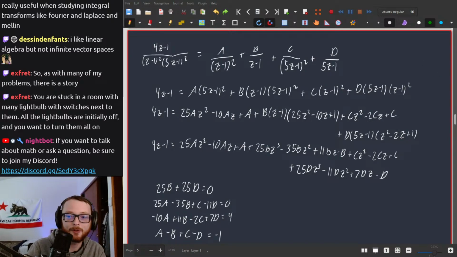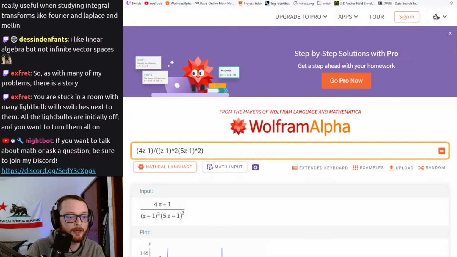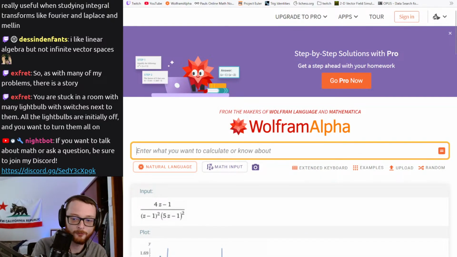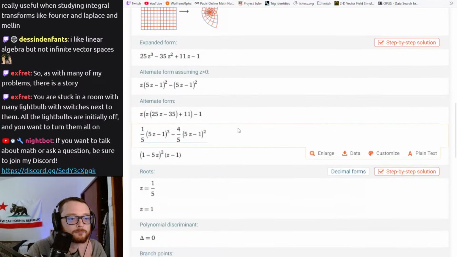Okay, well, I'm gonna screenshot some of this work here, and while Xfret types this out, I'm gonna blind all the dark mode users, and I'm gonna check some of this multiplication that I did. 25z cubed minus 35z squared plus 11z minus 1.